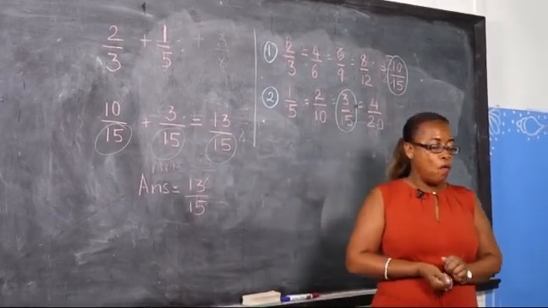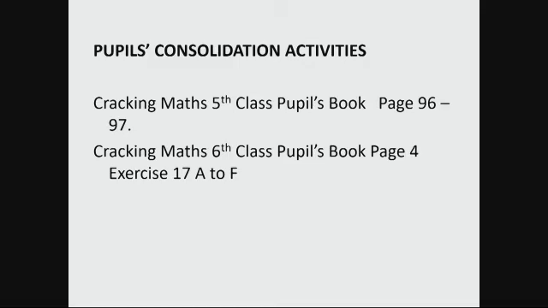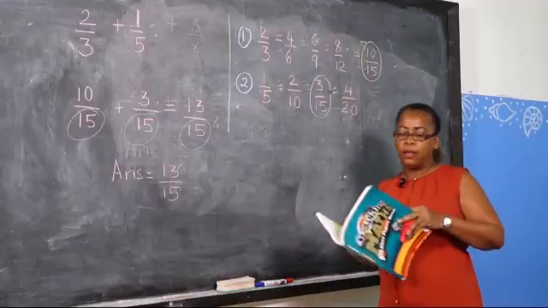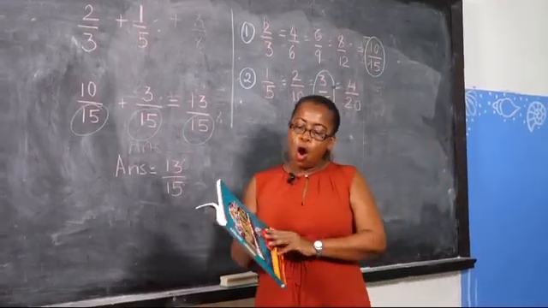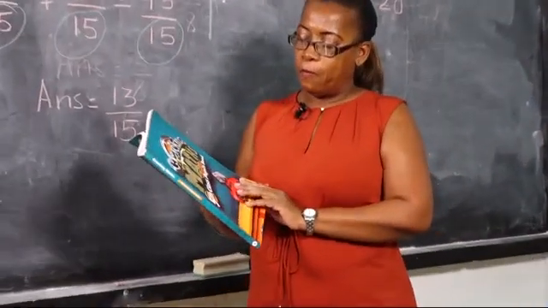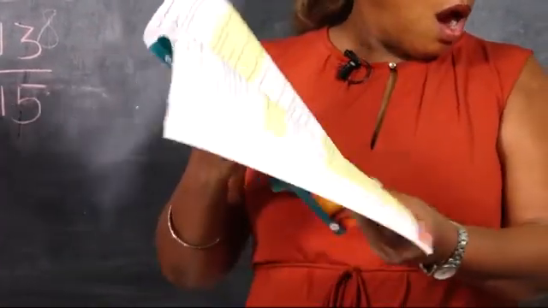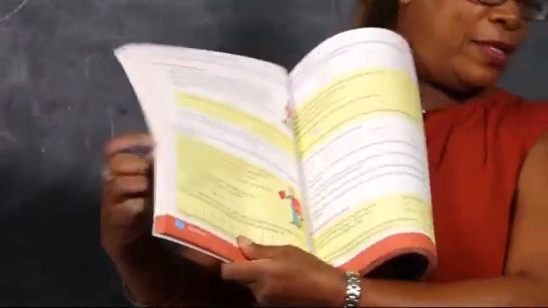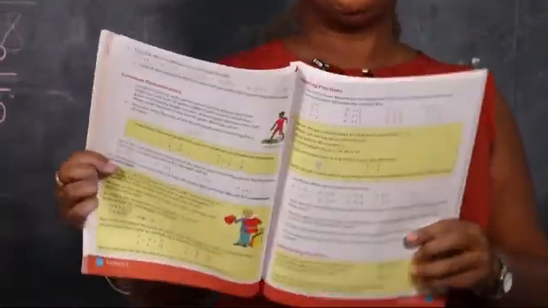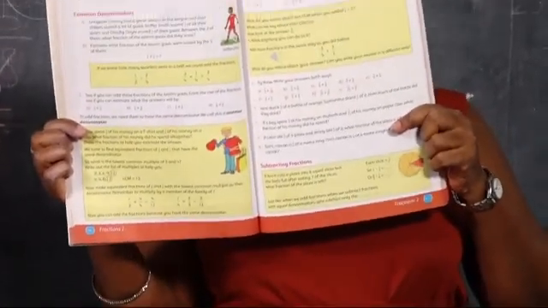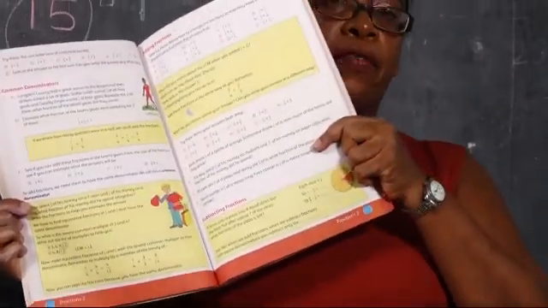Now, for your consolidation activities, you're going to work, for P5, you will use your Cracking Maths 5th class pupils book on page 96 and 97. Okay, 96 and 97.